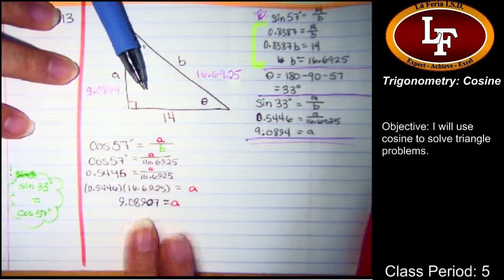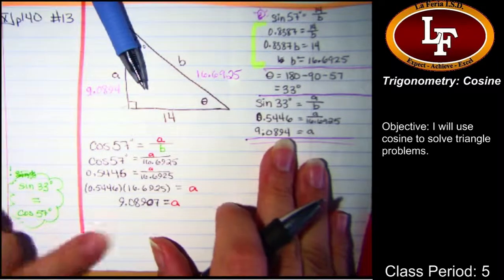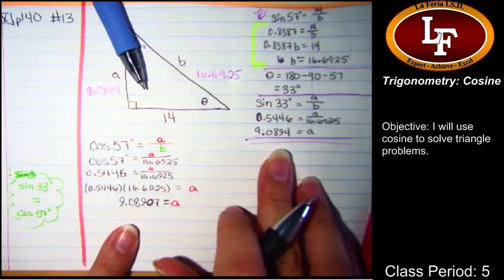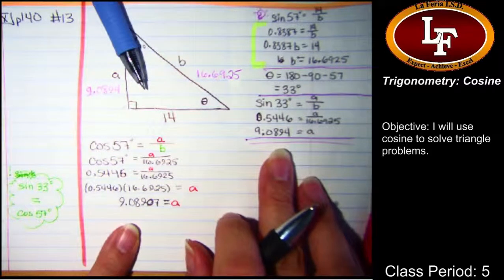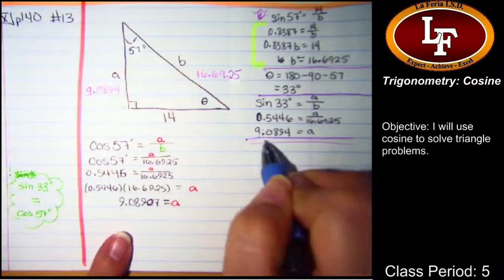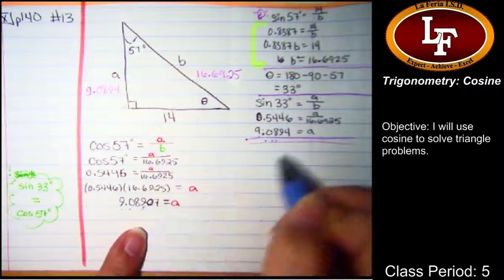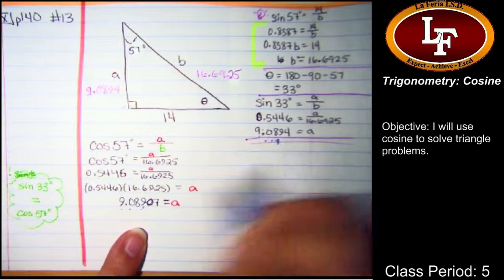Look at that compared to what we got when we used the sine function. They're not exactly the same, but they're pretty darn close. They're the same up to 9.089. That's where it gets different.